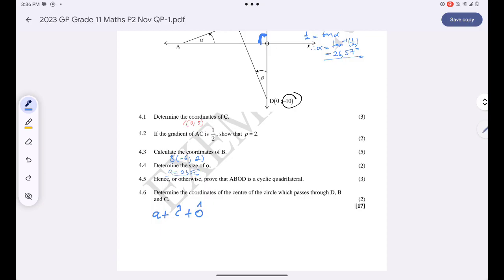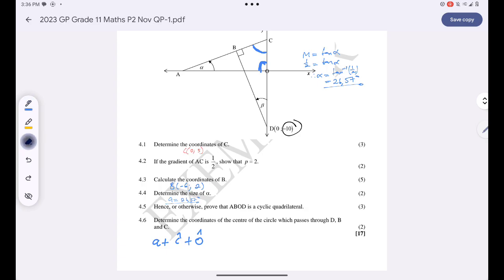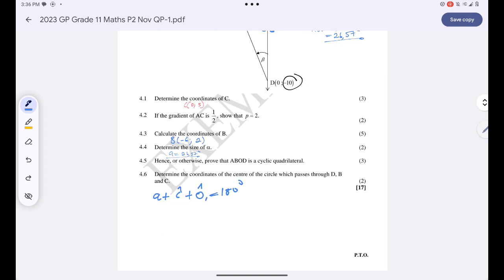Let me just call it O1, O2, 3, and 4. Angle alpha, angle C, and angle O1, they all add up to 180.